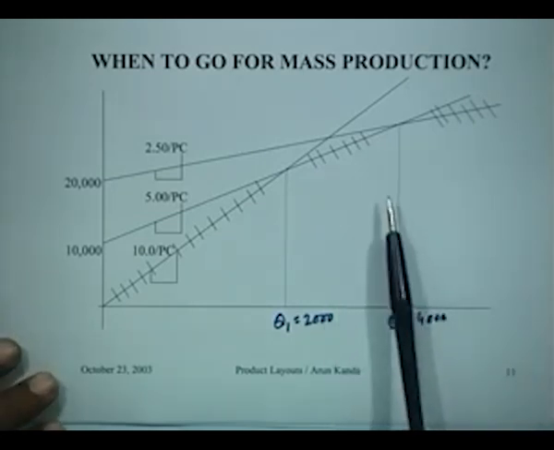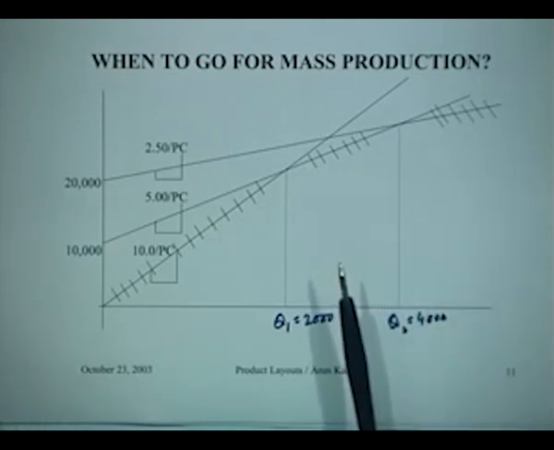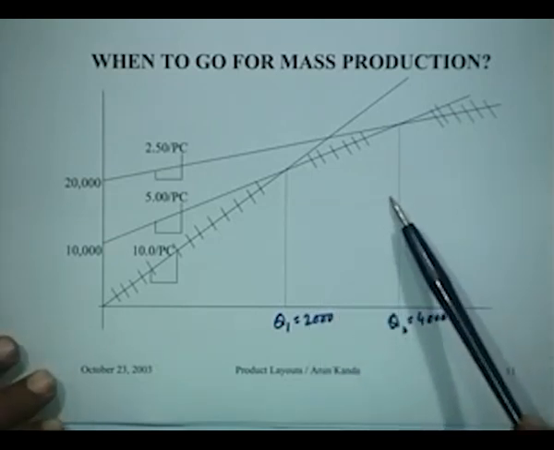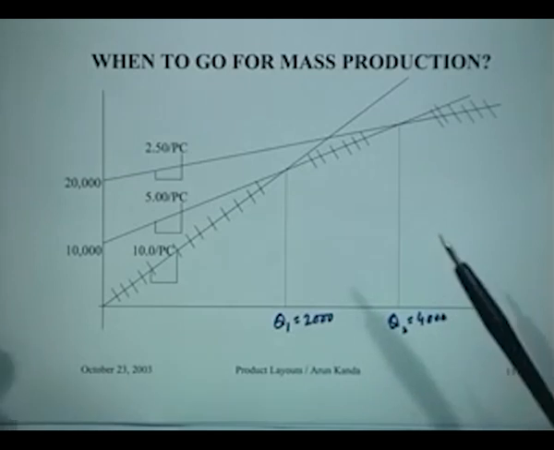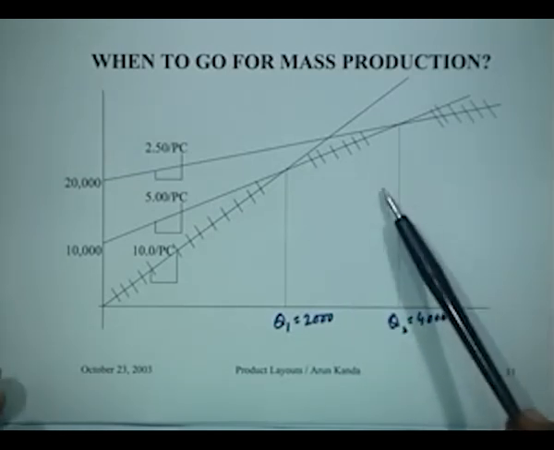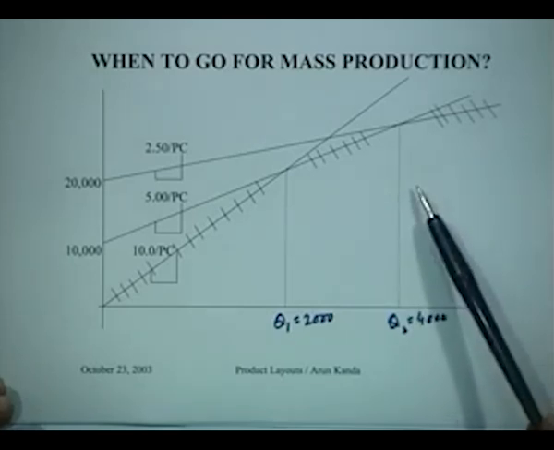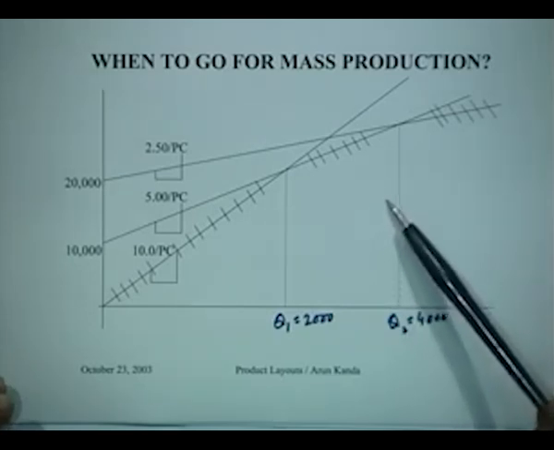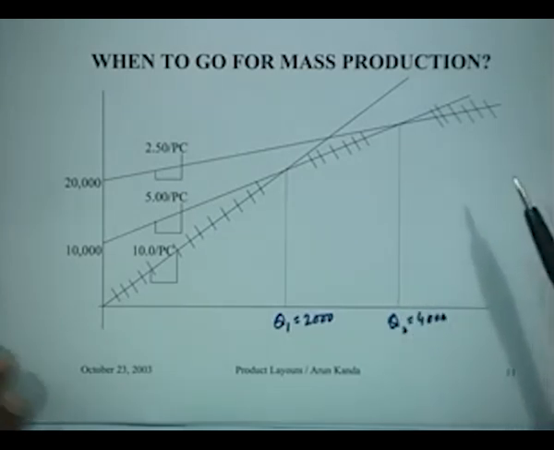So in this particular situation, we would go in for an assembly line only if the demand is above 4000. What might happen in real life is that suppose your current demand is 3500 and you are somewhere here. Then obviously you can think of the future, and if you envisage that you are expecting growth in the next year, it might be worthwhile to set up an assembly line considering the fact that you are going to cross this barrier of 4000 in the next year, and so on.